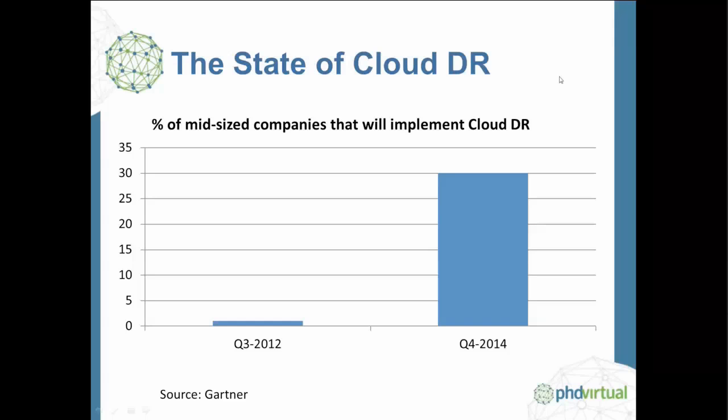Now, just to piggyback on that poll, Gartner ran some research into the state of cloud DR and where that's going over the next year or so. You'll see that the percent of mid-sized companies looking to leverage cloud DR is going to be around 30%. That's a little higher than our polling, which I believe was around 25%.